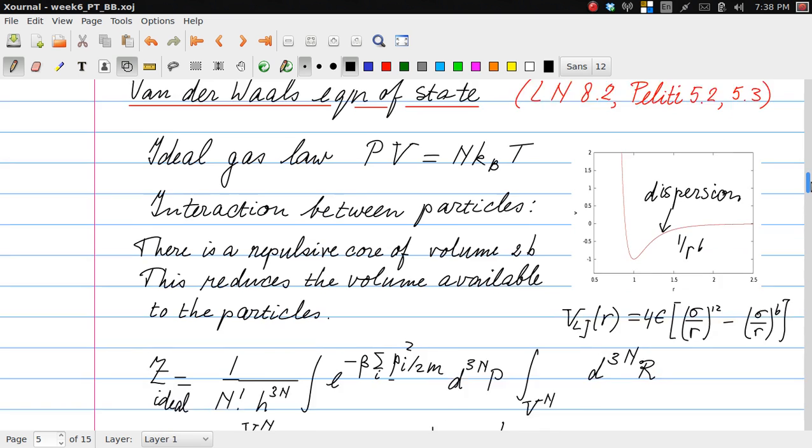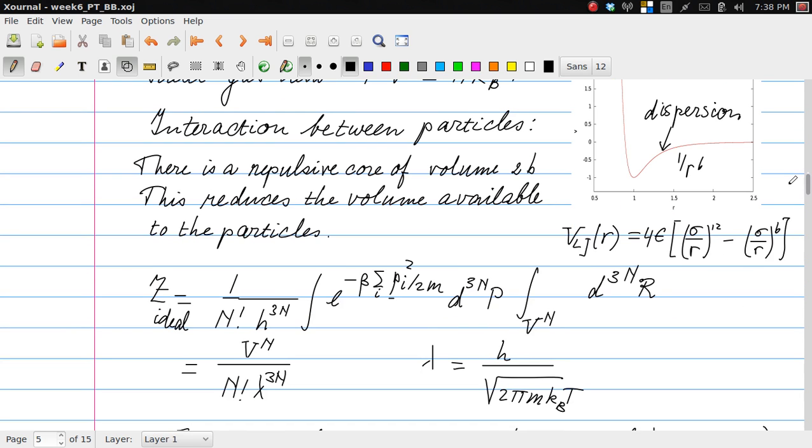So let's first look at particles without interaction and see how we can calculate the ideal gas partition function. Well, that partition function is a sum, so in this case it's an integral over all the momenta of the particles and all their positions. The positions integrate quite easily because the volume for each particle is just V, and we have N particles, each moving in a three-dimensional volume, so that gives me simply V to the power N. The kinetic energy integral factorizes in 3N integrals that are all identical.